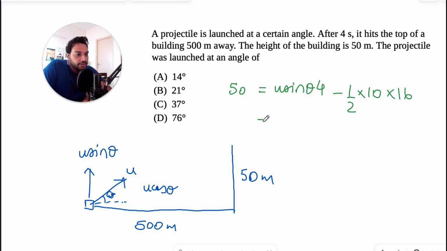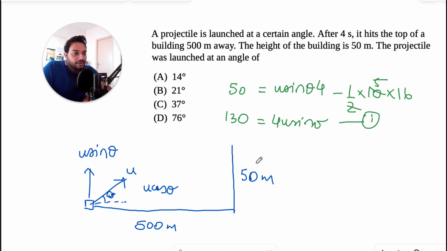This is the first equation. Simplify it: 2 times 5 and 80, so 130 is equal to 4 u sin theta. This we get from the vertical displacement.